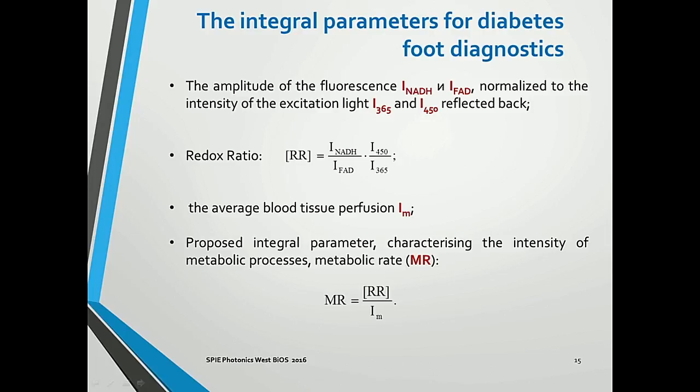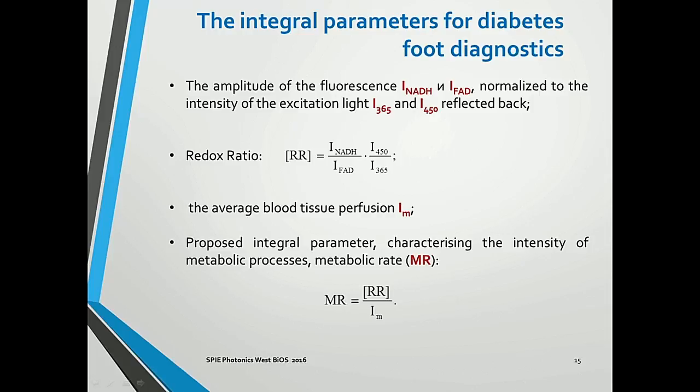So we used the redox ratio calculated this way, and average blood tissue perfusion, which was taken for a particular time and averaged as a percentage. The last parameter: due to measurement of the two key enzymes for metabolic activity in general, NADH and flavins, we can come to the assessment of metabolic rate, the intensity of the body metabolism.